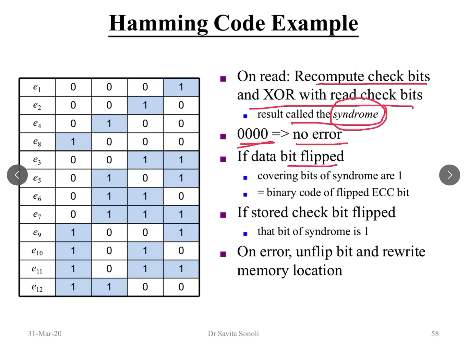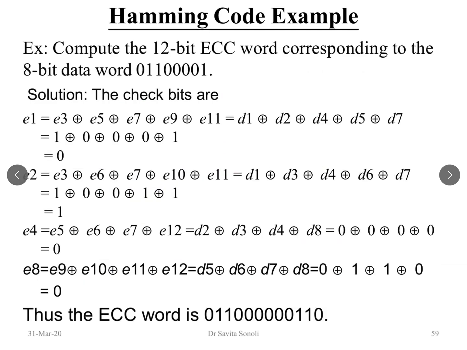If a data bit is flipped, the covering bits of the syndrome are 1, equal to the binary code of the flipped ECC bit. If a stored check bit is flipped, that bit in the syndrome is 1. And on error, unflip the bit and rewrite it back to the memory location. So like this we are going to compute.